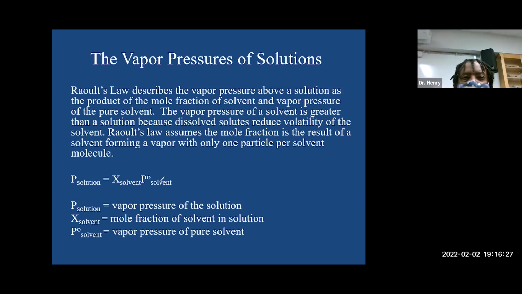Piece of cake, not too hard to remember, right? So P solution equals the mole fraction of the solvent times the pure vapor pressure of the solvent. Okay, so we're going to work it out and see how it works.